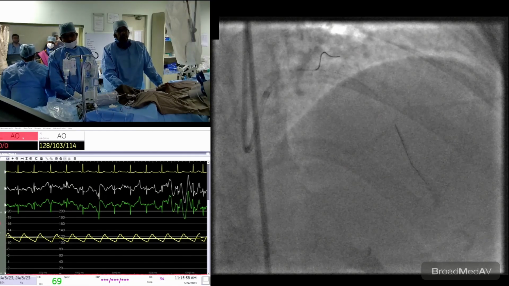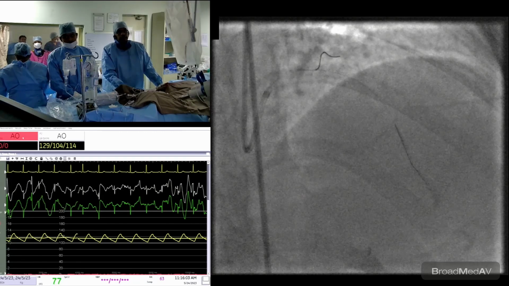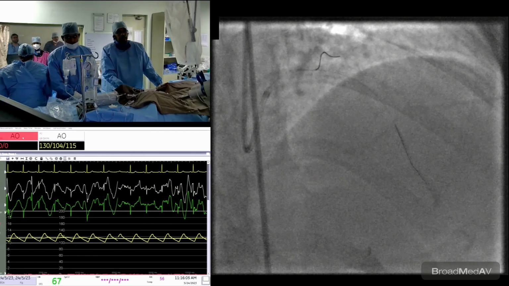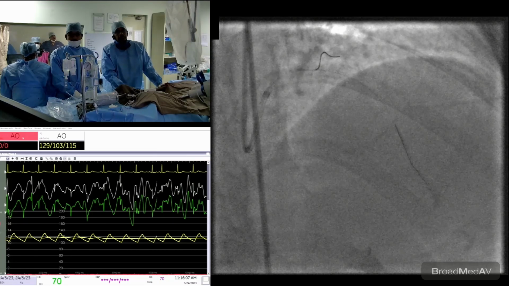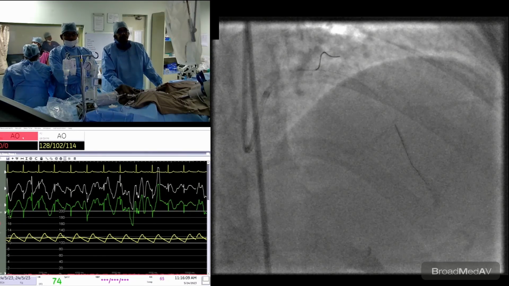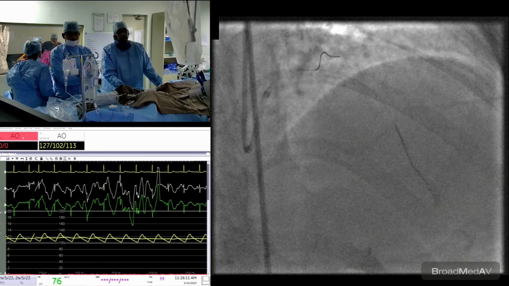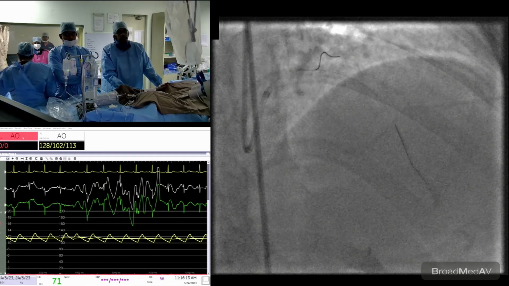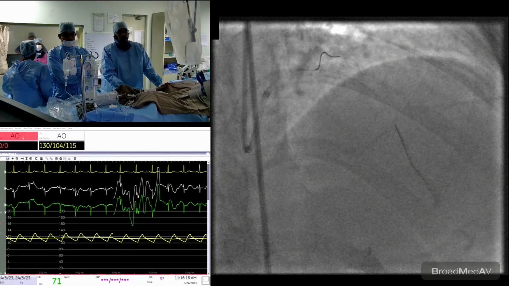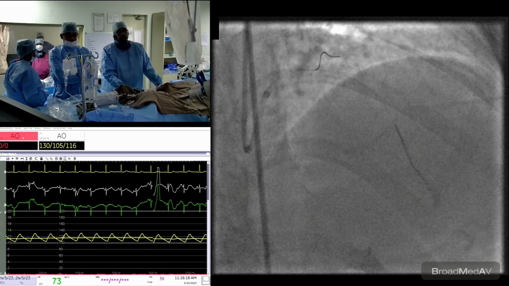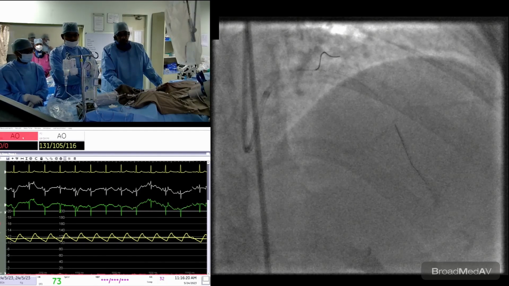So what are the things as we boot in, Nanda, you're going to look at? I think I'm going to look at the distal edge for any distal edge dissection and the expansion. Then coming to the lesion area, I'm happy with 80% expansion in this particular case. And I'm going to look at the diagonal ostium, how it looks, is there any flow limiting dissection or not.